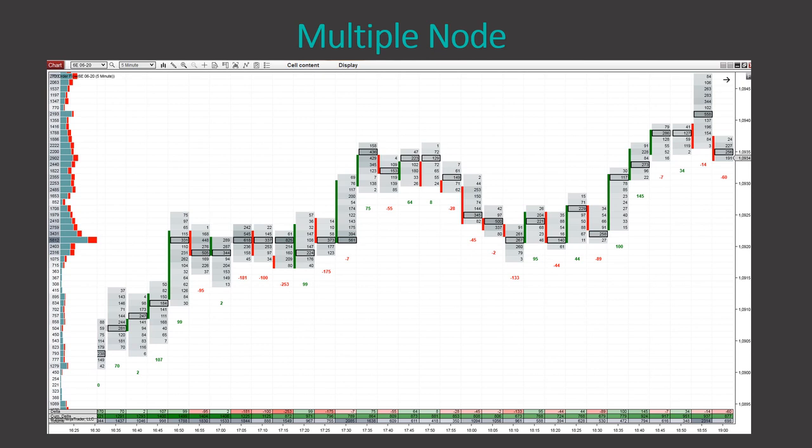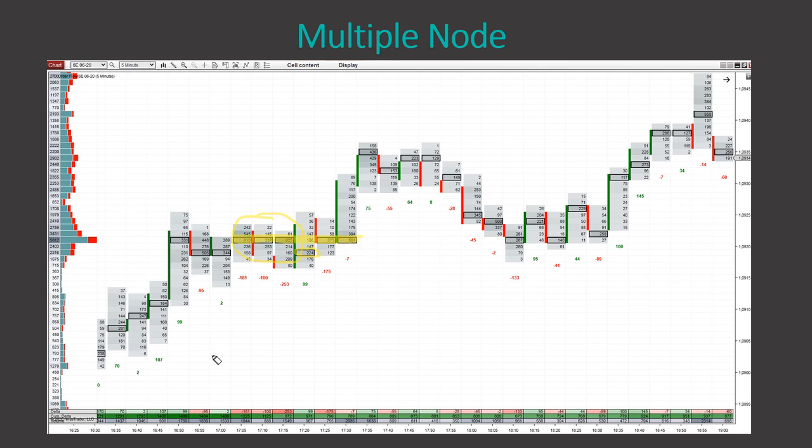This is a 5-minute chart, and in here we have 2 nodes next to each other, but also what you should notice is those 3 nodes in here. I know that there is not a node in here. If there was, then it would be 6 nodes next to each other, which would really be great, but still I also notice 3 nodes like that. Even if this node is lower, this is a very significant area.